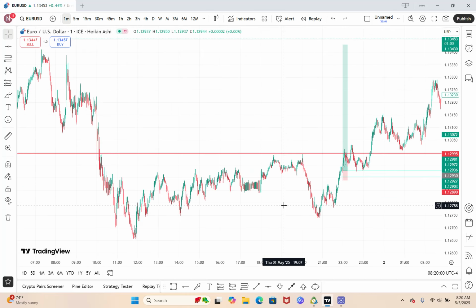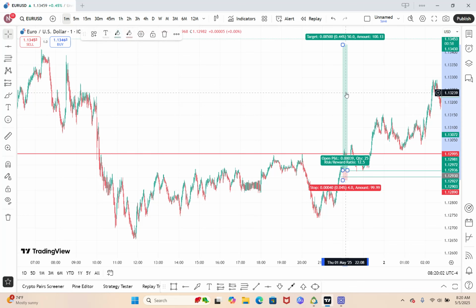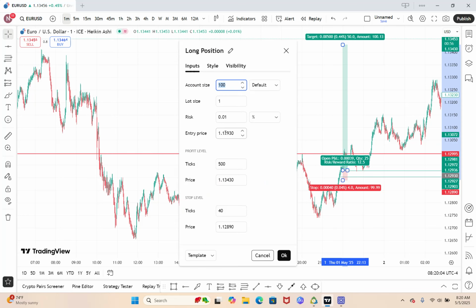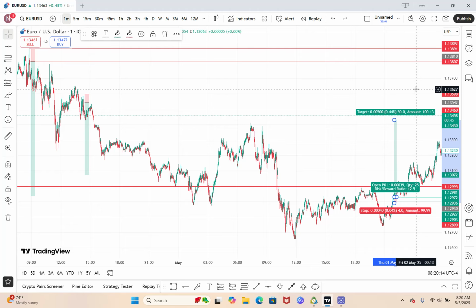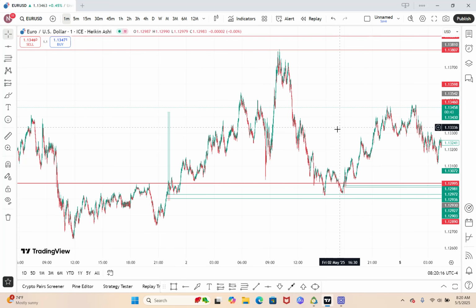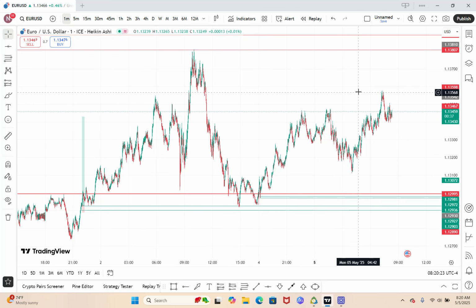We should have profited 500 pips. This is the trade, entry point 1.12930, risking 40 pips to make 500 pips. But because of the market condition, the market came back right on our entry, and this is where the market went, this black line right here.